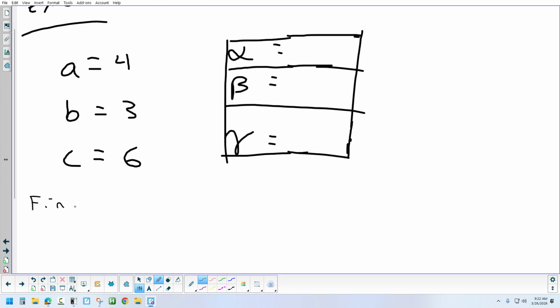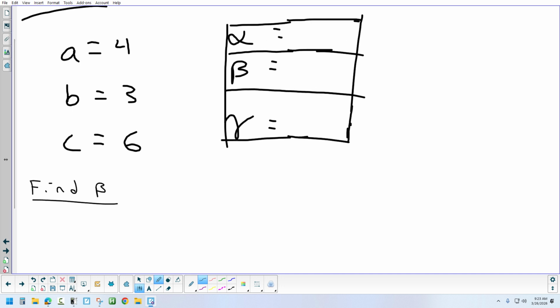First thing I want to do is write down the law of cosines that has beta in it. How does the formula start that has beta in it? B squared. Okay, so b squared equals A squared plus C squared minus 2AC cosine beta.